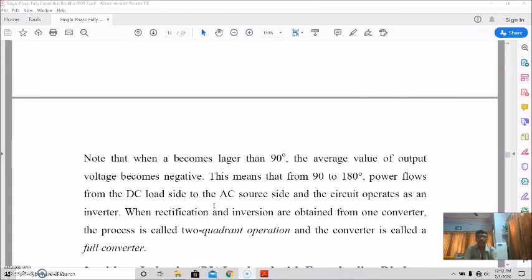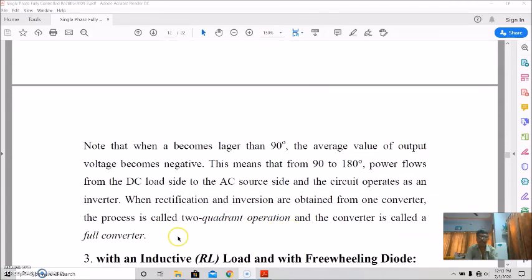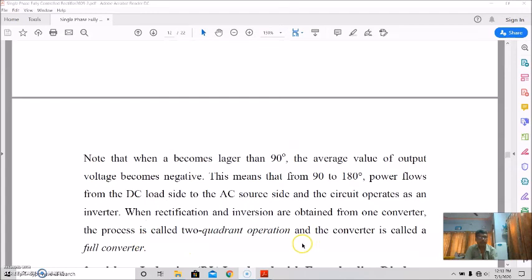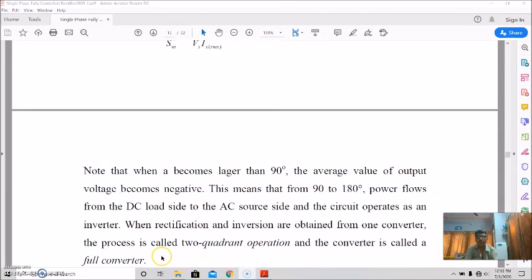So note that when alpha becomes larger than 90 degrees, the average value of the output voltage becomes negative. This means that from 90 to 180 degrees, power flows from the DC load side to the AC source side, and the circuit operates as an inverter.